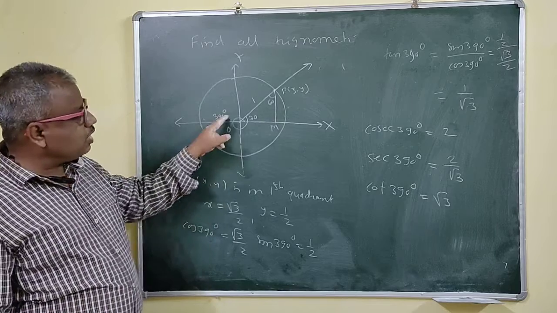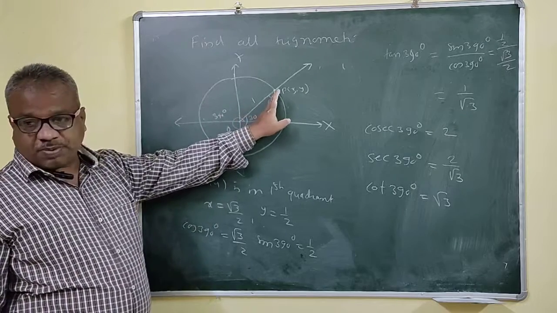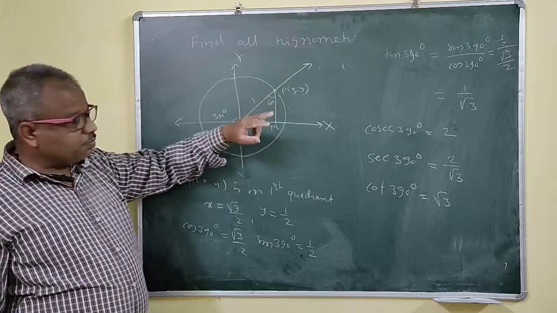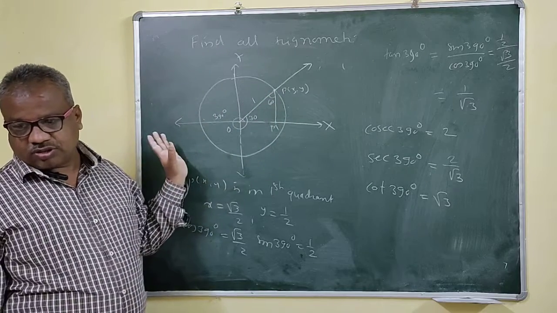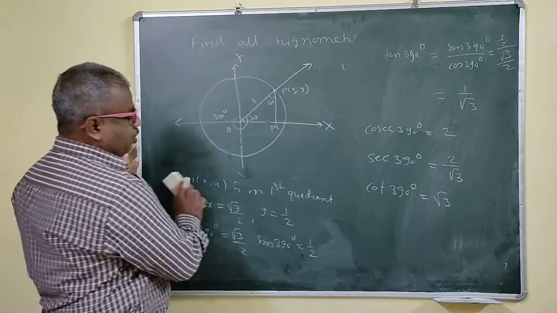So that means the trigonometric ratio depends on this point. If your angles are coterminal angles, then their trigonometric ratios are the same. So we can write the note.